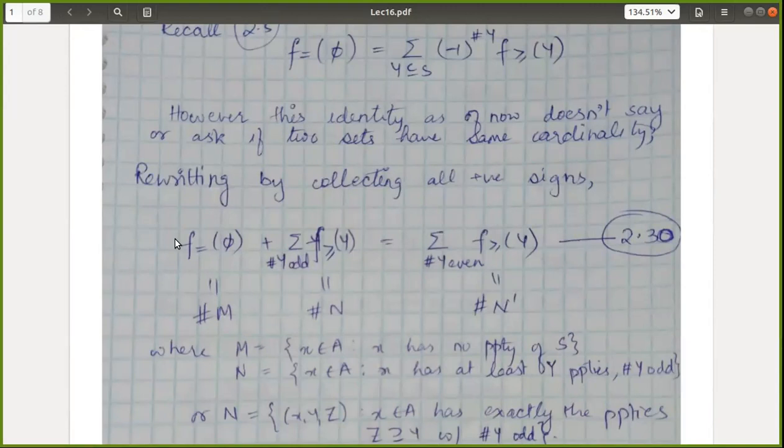You cannot have some element of A which does not satisfy any property of the set S and at the same time satisfies some properties, at least the properties of the set Y. Similarly, you cannot have that it satisfies the properties of Y where Y is cardinality odd and cardinality even. Does not make sense, right? So every element of A either corresponds to this sum or this sum or this sum.